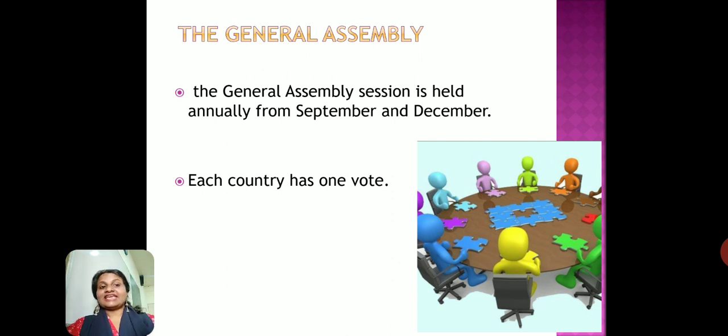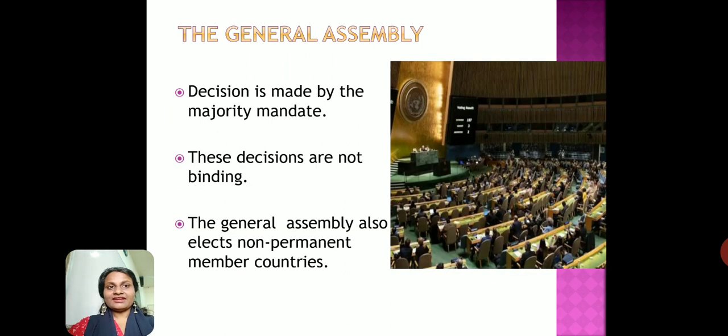Each country has one vote. So whatever they discuss in the assemblies during these meetings, every country gets a chance to vote on the topic of discussion or the issue that is being discussed in the United Nations Assembly meeting. If you are voting, that means the votes are going to be counted.